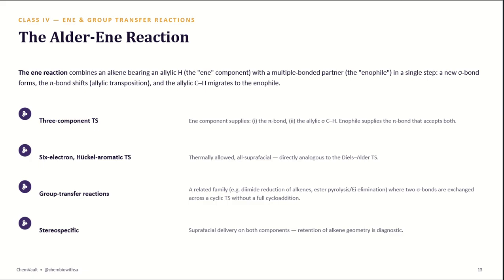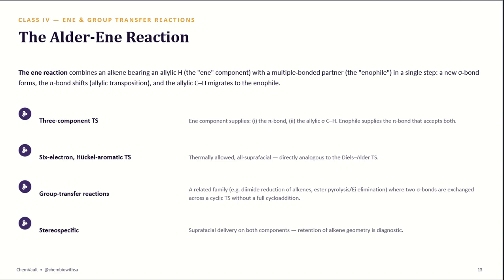The transition state involves three components and six electrons overall. And just like the Diels-Alder reaction, it's a suprafacial Huckel aromatic transition state, which makes it thermally allowed. There is also a broader family called group transfer reactions.